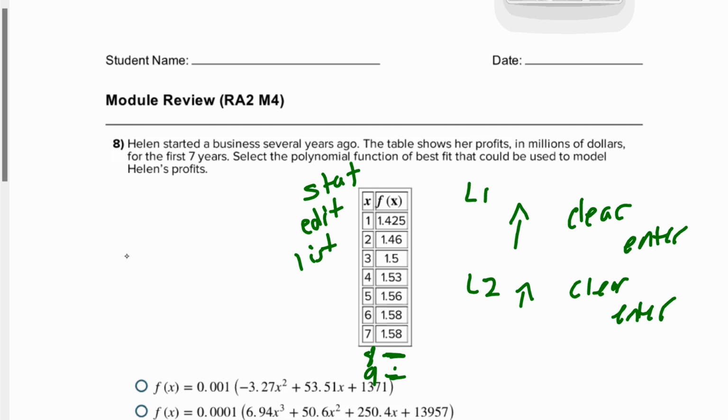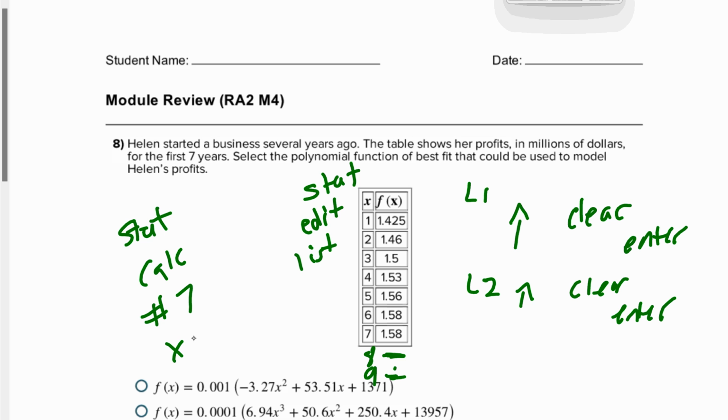over to stat. So you go over, hit stat again, stat, and you can go over to calculate. And this one you want to go to number 7. So when you go to number 7, quadratic regression, hit enter.